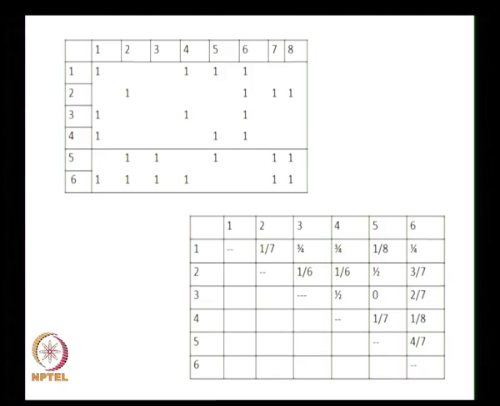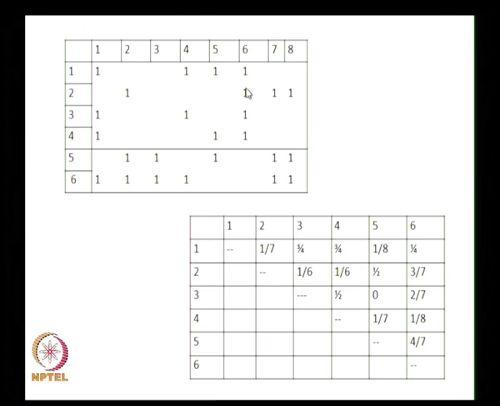So if we take rows 1 and 2, row 1 has component numbers 1, 4, 5 and 6 visiting. Row 2 has component numbers 2, 6, 7 and 8 visiting. So the first thing we do is ask which are the common components, or how many common components are visiting both 1 and 2.